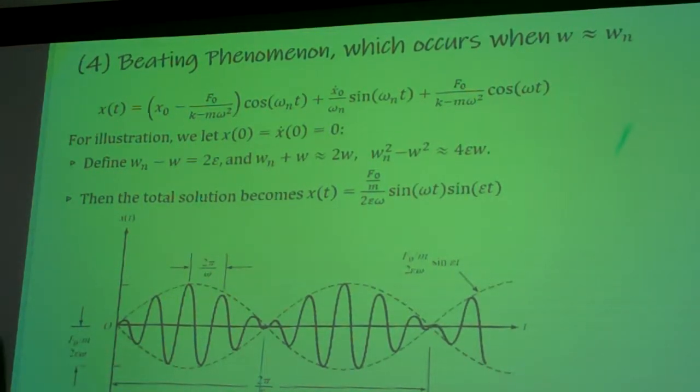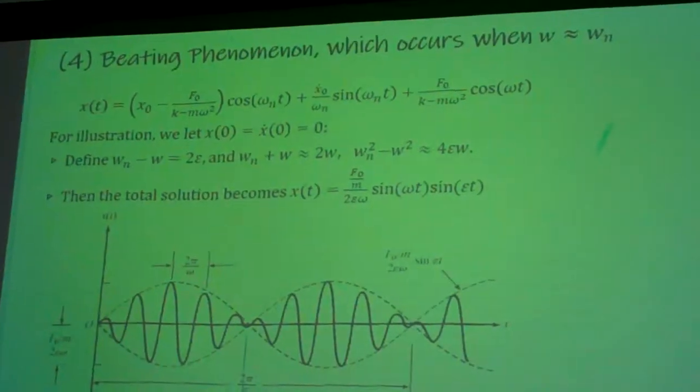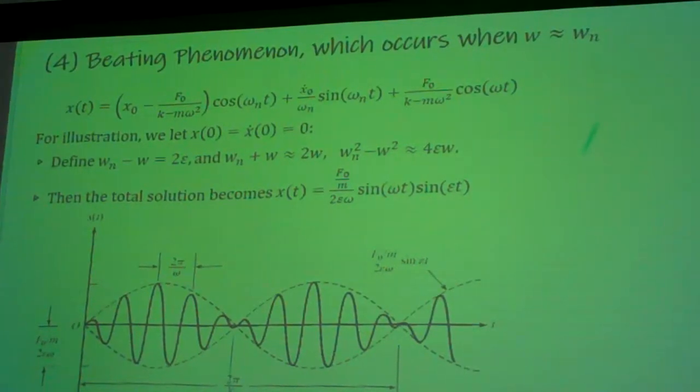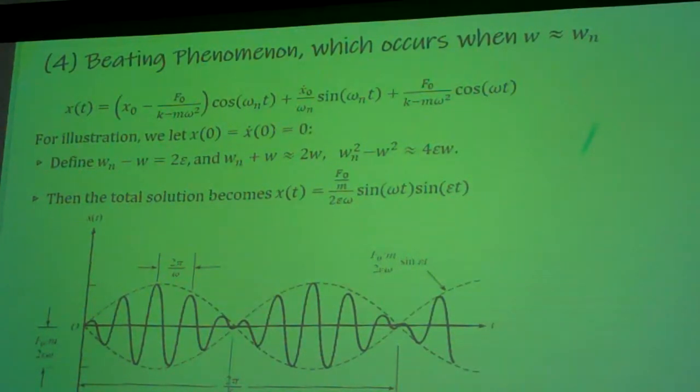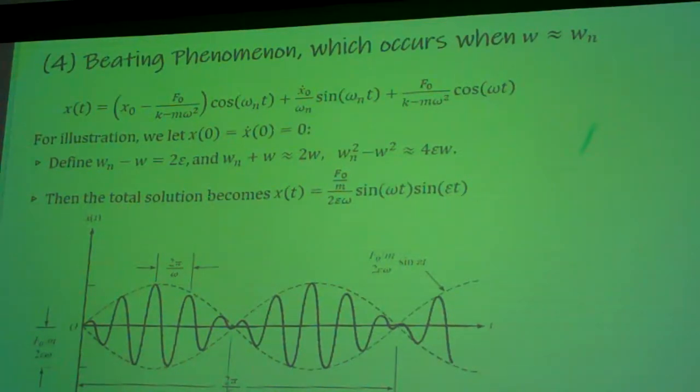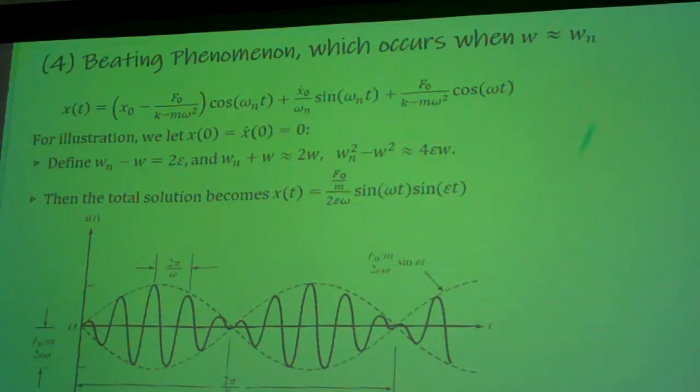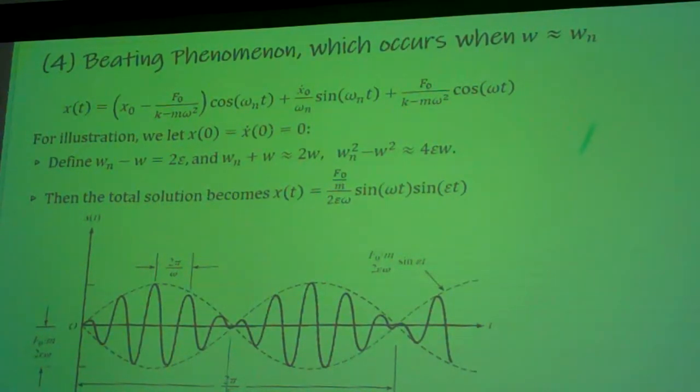For damped systems, the influence from the initial conditions will be damped out.